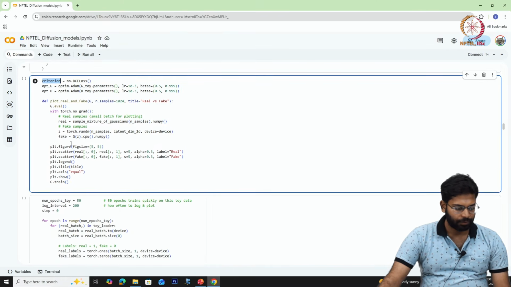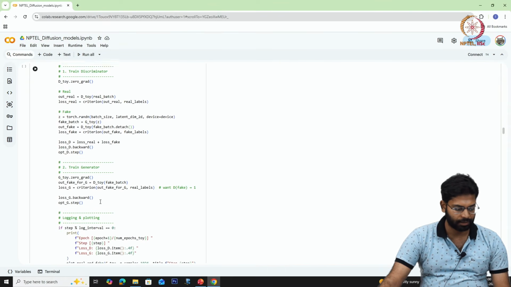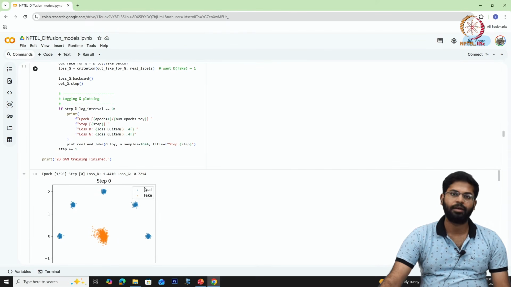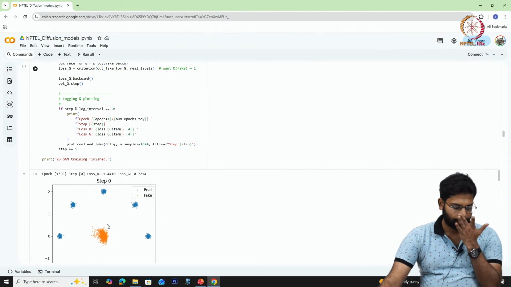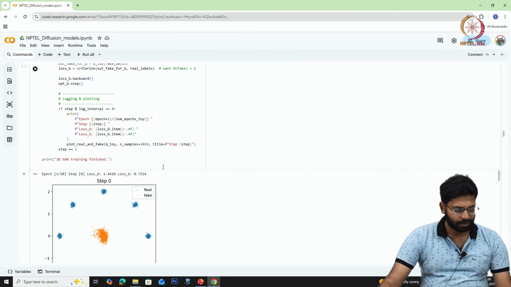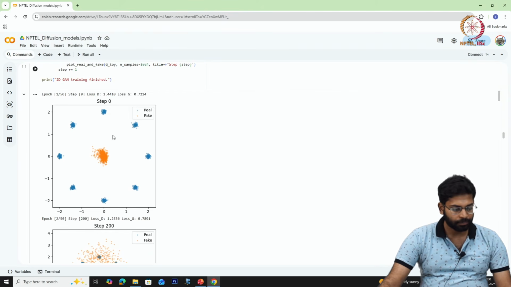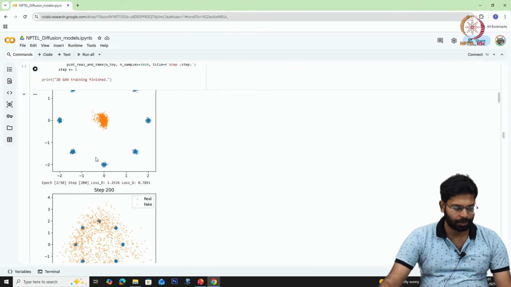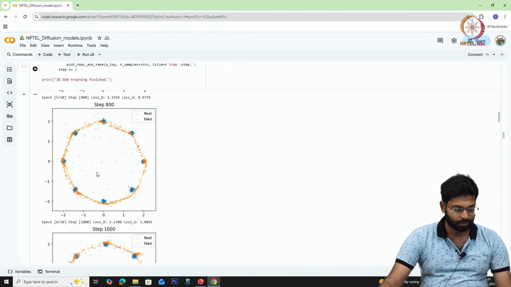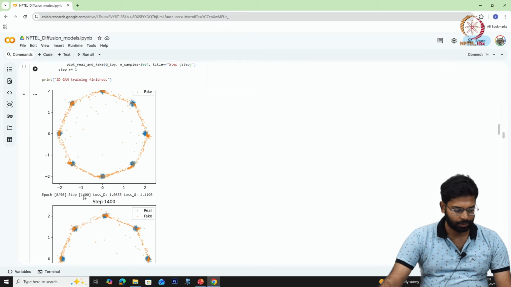If you train those networks, the discriminator and the generator, you can see that the fake distribution was starting from here, which was purely Gaussian noise, and then it slowly starts to converge towards the real data, which is the blue one.